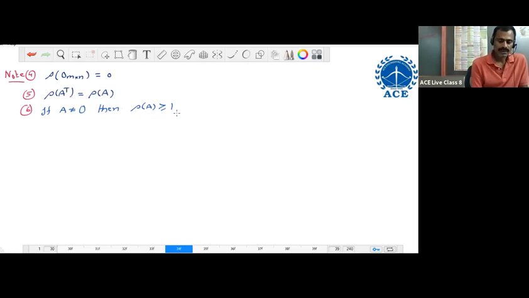Seventh: if A m cross n is not equal to O, then rank of A m cross n is less than or equal to the minimum of m comma n.